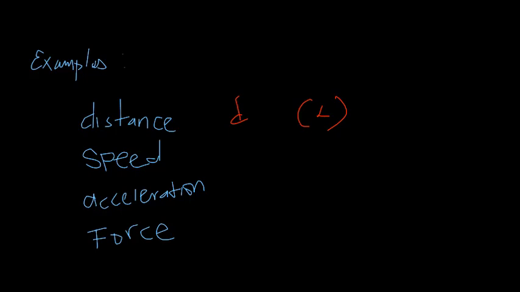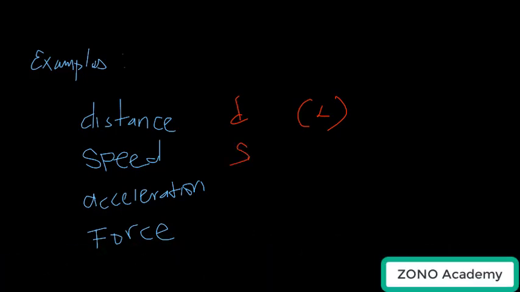And another example is speed. We know that speed, with the symbol small letter s, is just a combination of distance and time. And when you are measuring the distance, you're basically measuring the length. So speed is just a derived physical quantity that is derived from length and time.